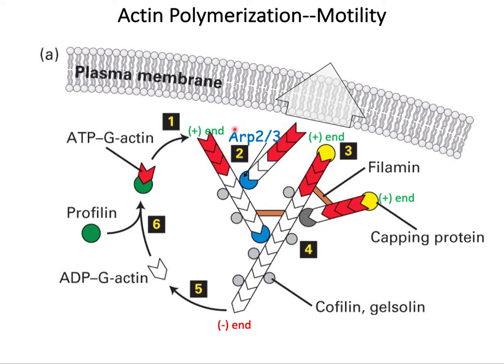We will elaborate about these capping proteins in the subsequent sections, so we're not going to talk about that now. But these can cap the plus end of a growing filament and stop its growth. This is really important when the cell wants to change direction. Let's say the cell is moving to the northeast, and the cell receives a signal that it needs to change direction and move straight north, or more towards the northwest.